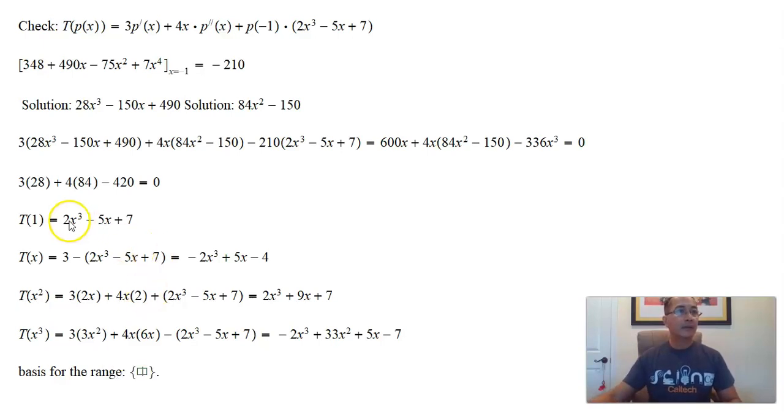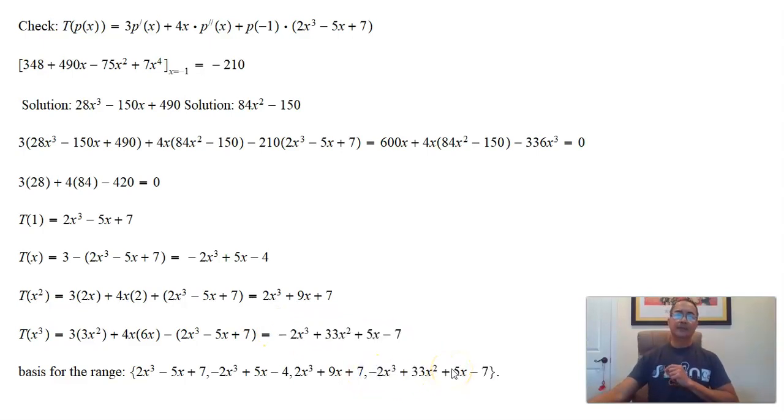And that will be, copy this, and then this, and then this, and finally this. So what's the rank? 1, 2, 3, 4 vectors. So it's rank 4.